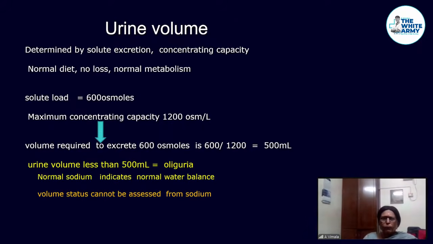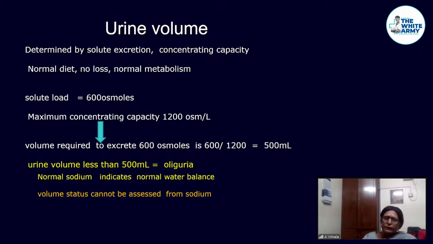Now, why are we fixing a volume for oliguria or polyuria, etc.? This is determined by the solute excretion and the concentrating capacity of the kidney, with normal diet, no loss, and normal metabolism. If the patient is on a normal diet, there is no loss, the patient is not febrile, and the metabolism is normal, then the solute load generated by the body is 600 osmoles.